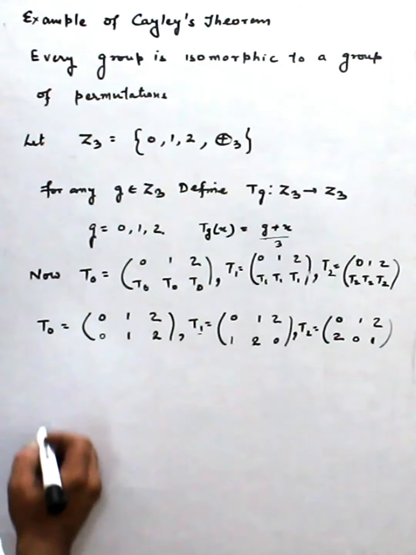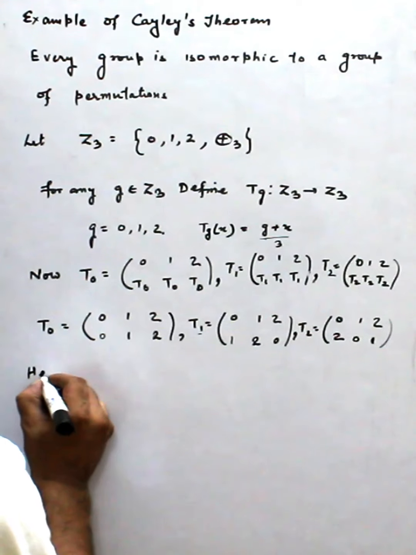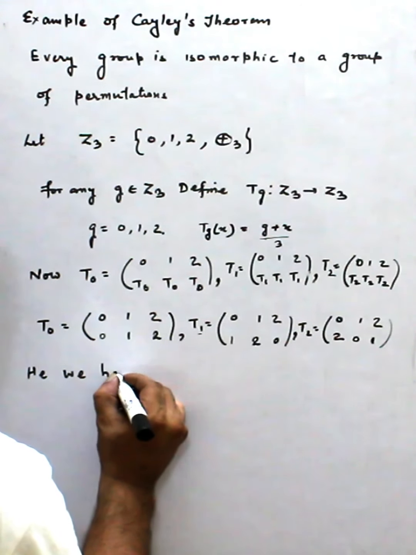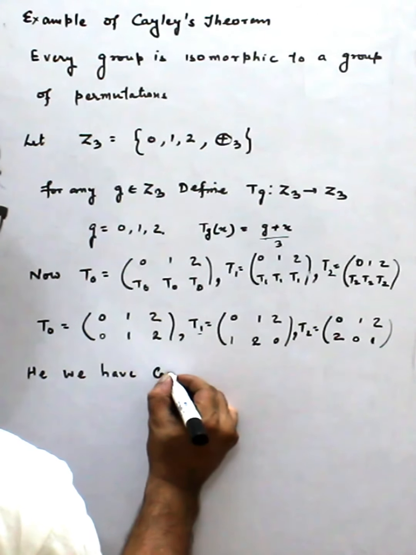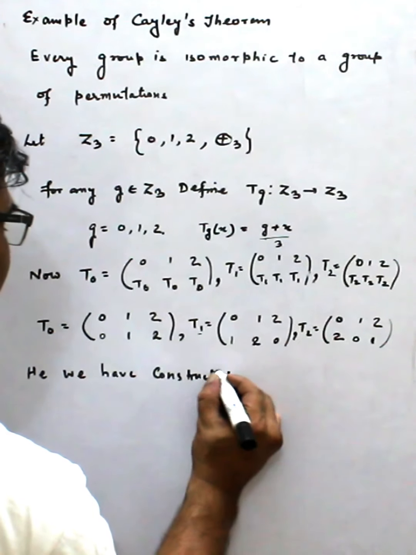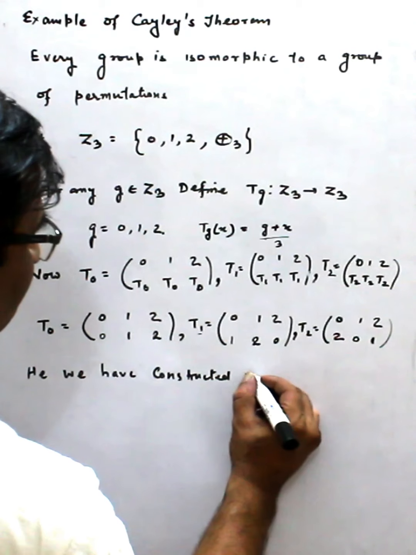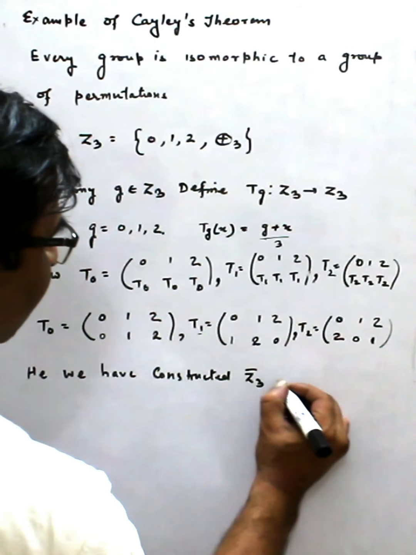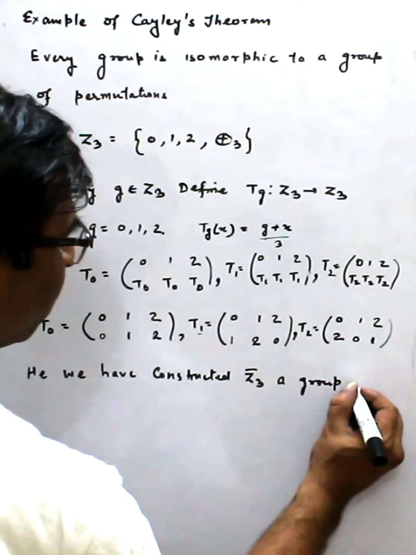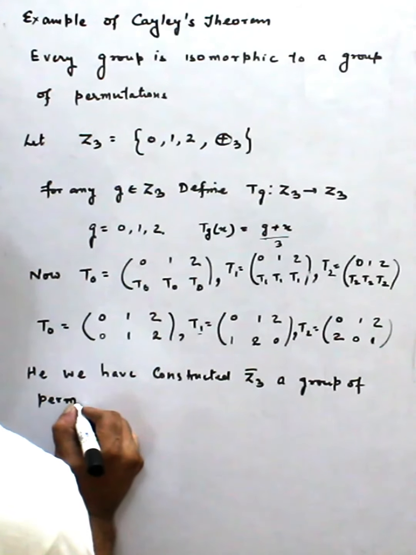Now we have constructed Z3 bar, a group of permutations.